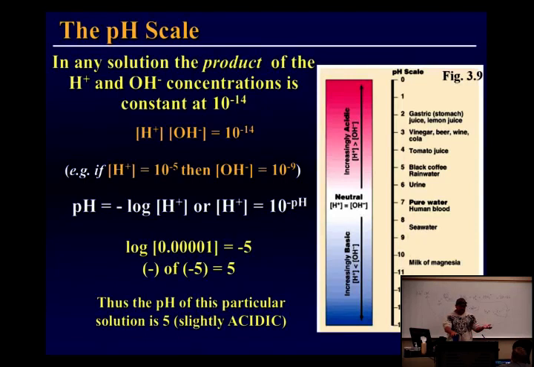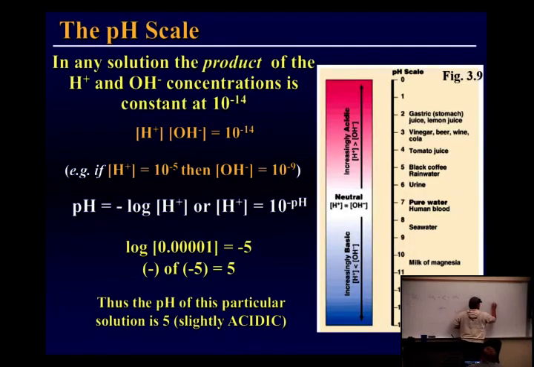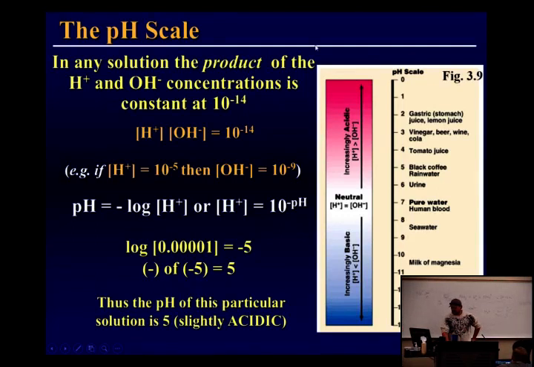So how many more H pluses are inside your stomach than in your blood? 1, 2, 3, 4, 5. 100,000 times more H pluses in your stomach than in your blood. So even though the numbers seem like they're not a big difference, in reality they are, because they're to the powers of 10.